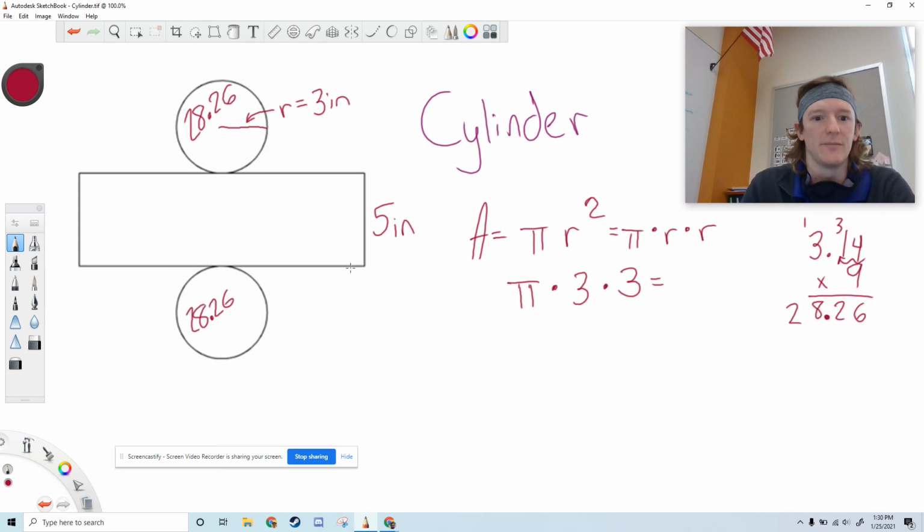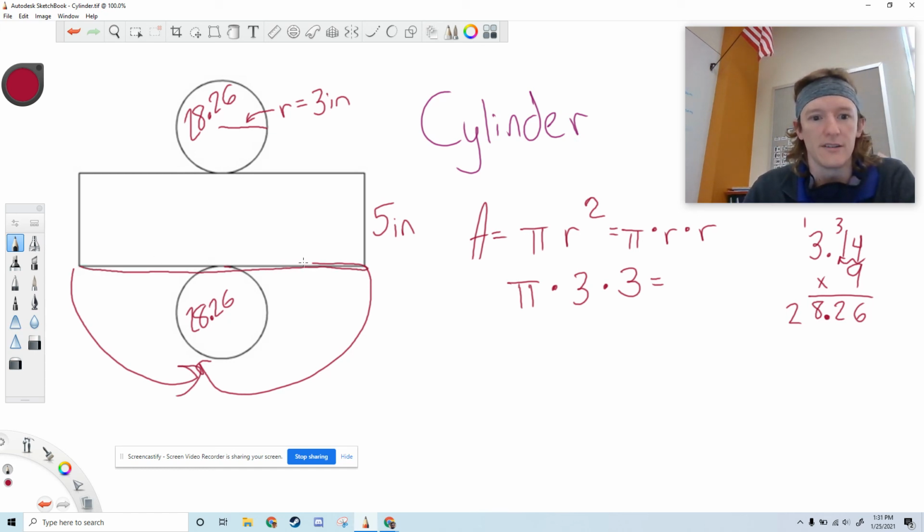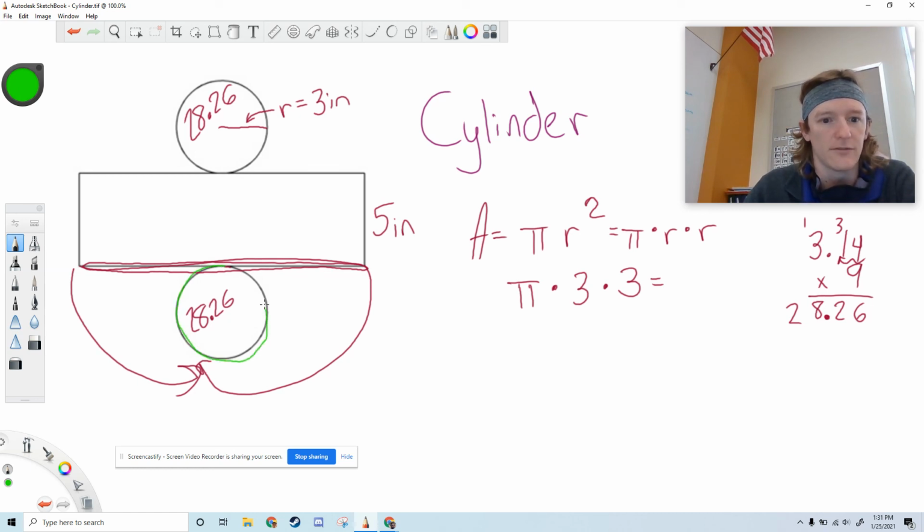Now we need to figure out the base of this rectangle. I was pretty nice on our homework, and I just gave you that base. But let's check this out. If this rectangle is going to wrap around this circle, the length of the base of this rectangle is equal to the circumference of this circle.